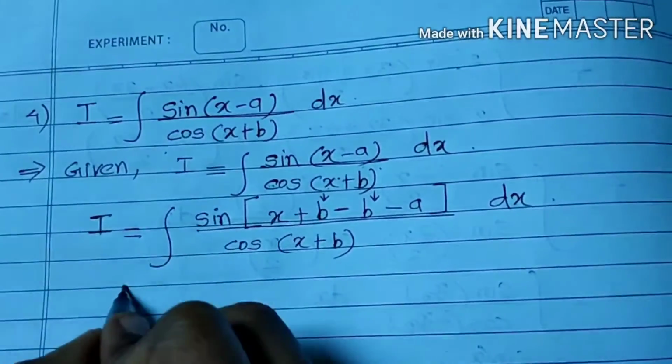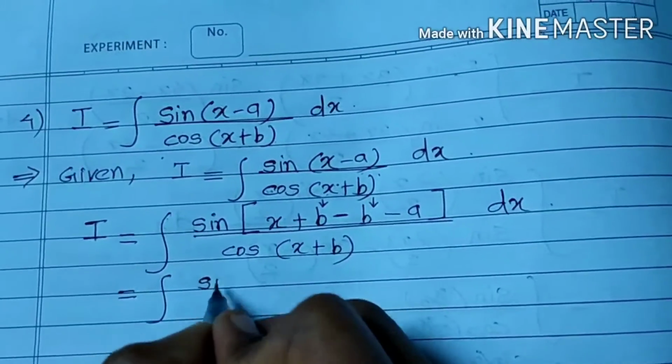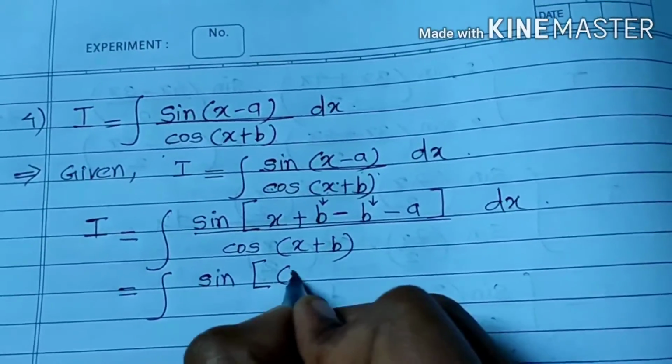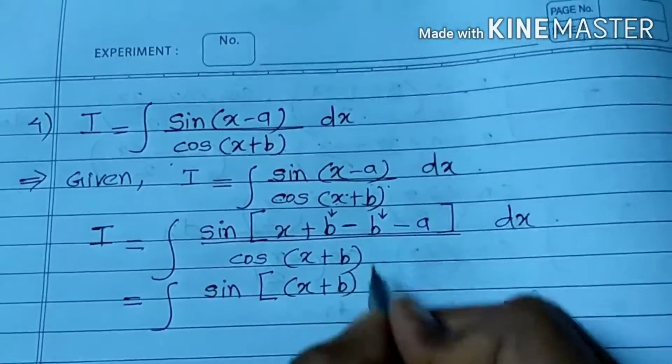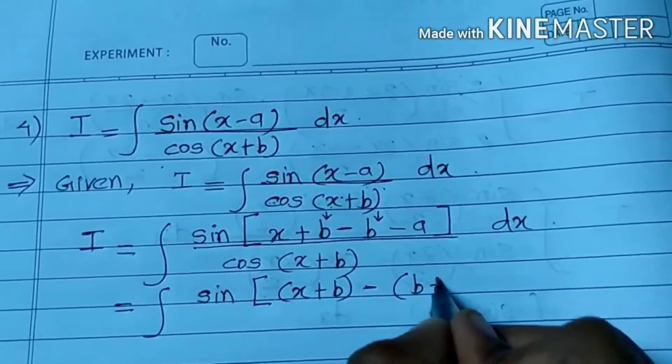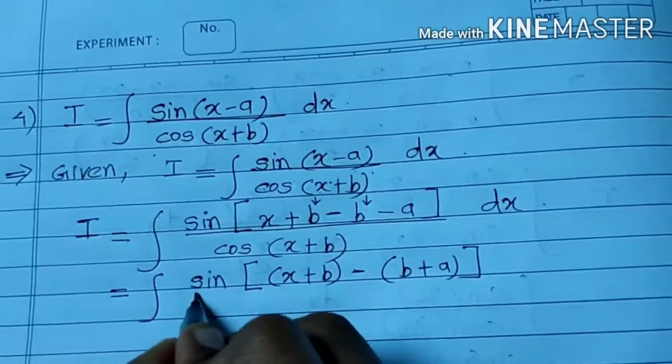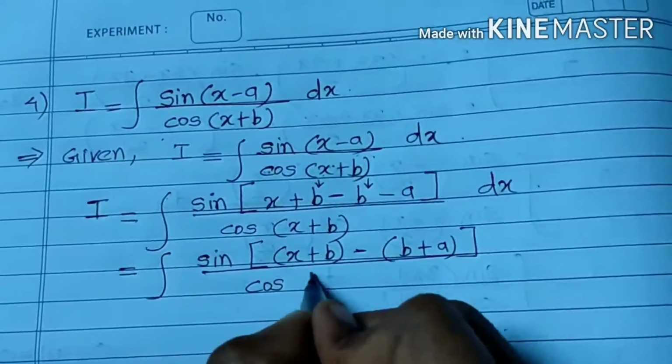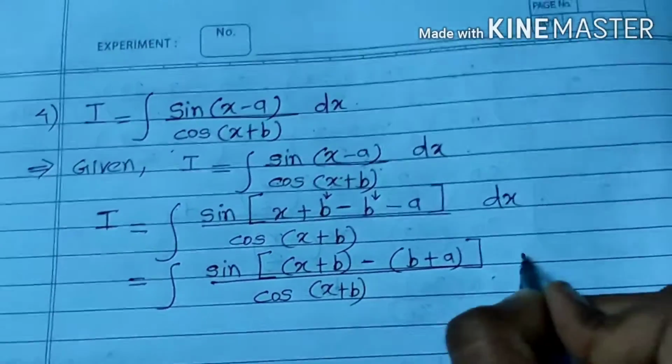So integration of sine, (x plus b) in one bracket, take minus common, and (b plus a) in another bracket, upon cos(x plus b) dx.